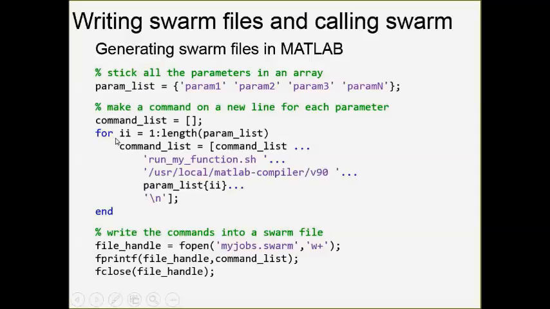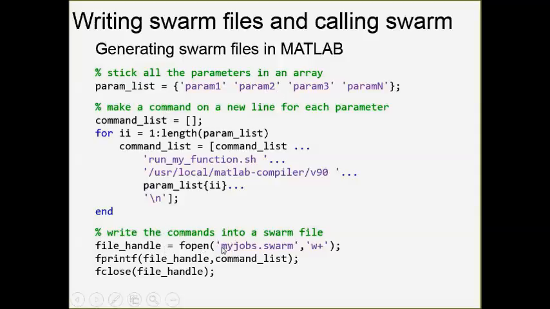And so now for ii equals 1 to the length of param_list, I'm going to set command_list equal to whatever's already in command_list plus run_myfunction.sh space plus /usr/local/MATLAB/compiler space plus param_list(ii) and then a new line. And so this is going to end up building all 4 of those commands in this case.